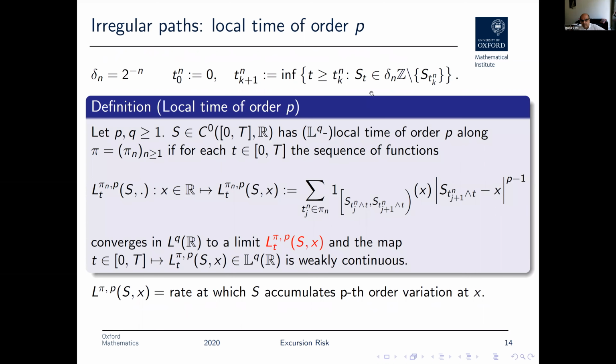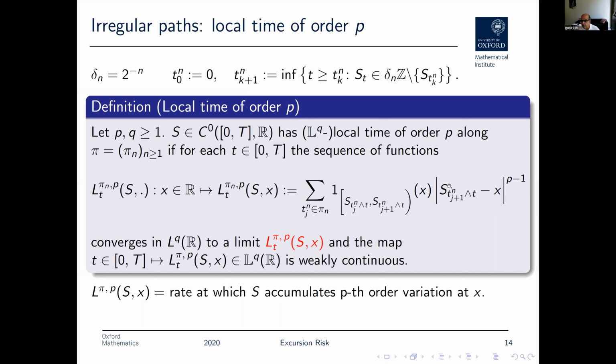So I use this partition, and now A and B are going to be the values of S at points of this partition. And so the indicator of AB is going to be the indicator of these two values along the grid.